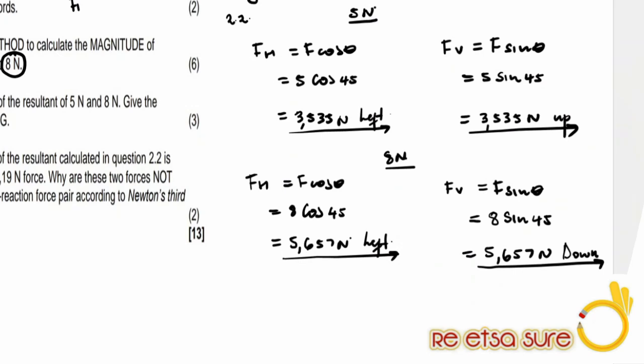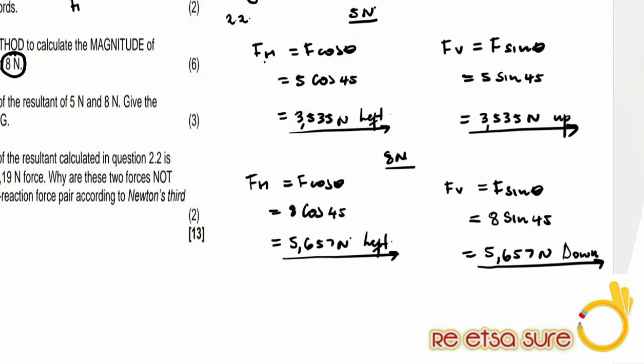Okay, so now I do have 2 horizontals and I also have 2 verticals. So after calculating the components, I will have to determine the resultant for force horizontal.